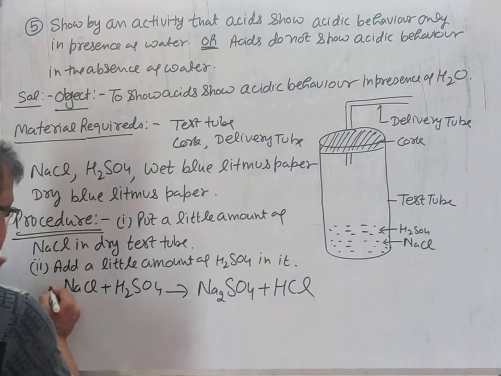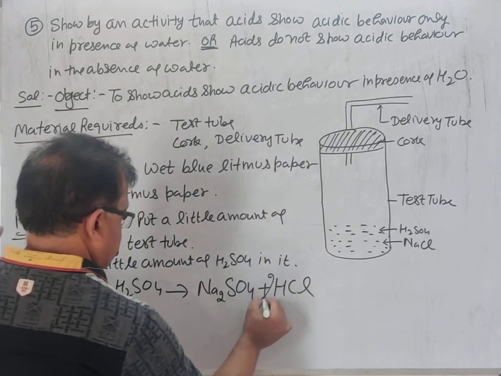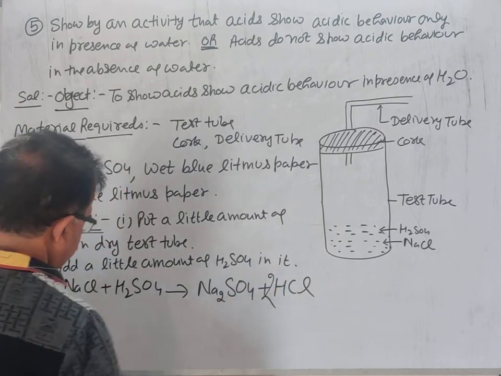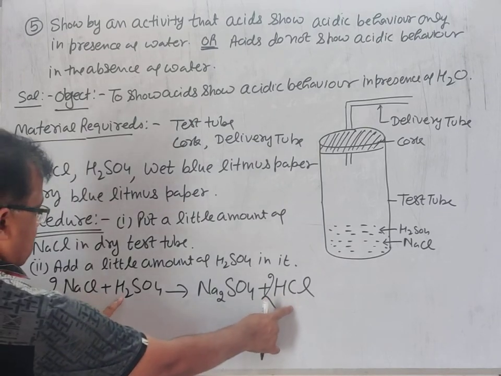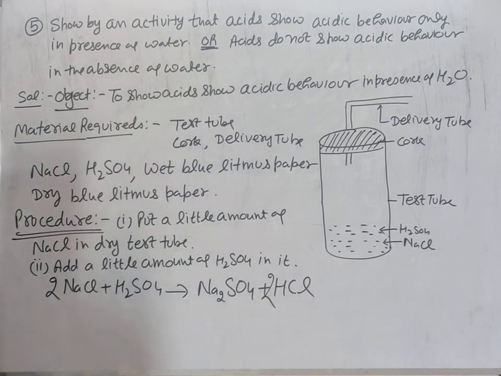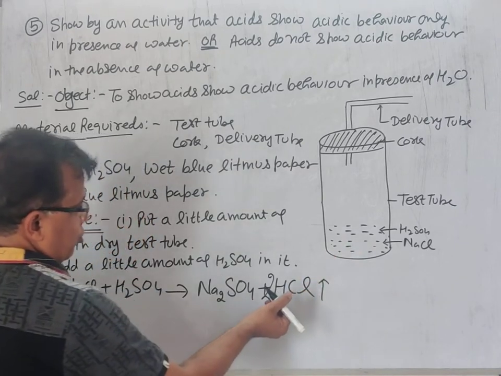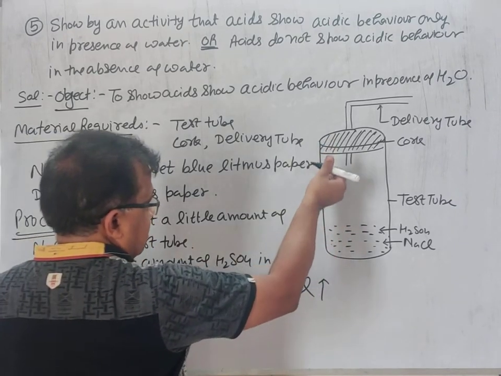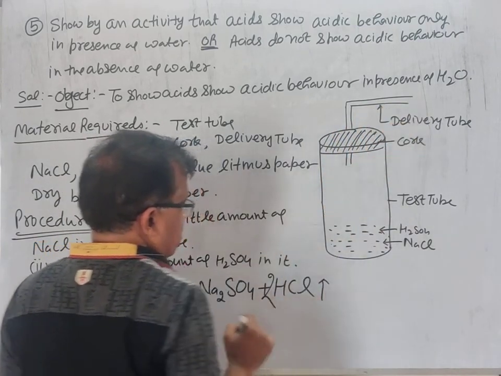Here we will place 2 and here also 2. Now it is balanced: 2NaCl, 2Na, 2Cl and H2SO4. So this equation will be formed. Now gas is formed. This is hydrogen chloride gas. It will rise and through the delivery tube it will come out here.